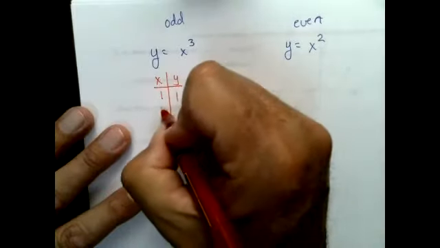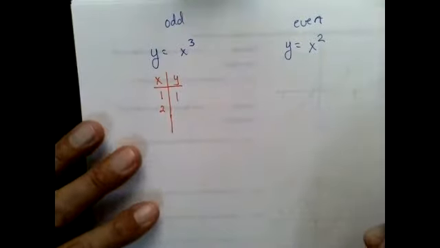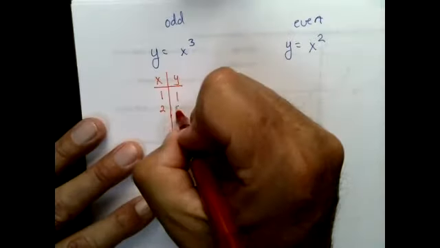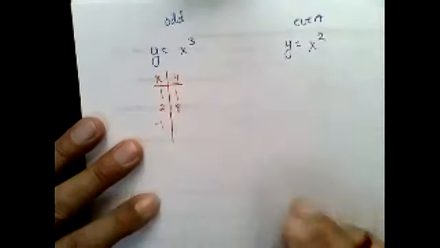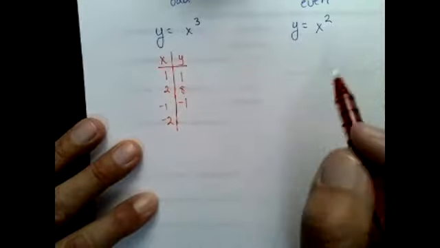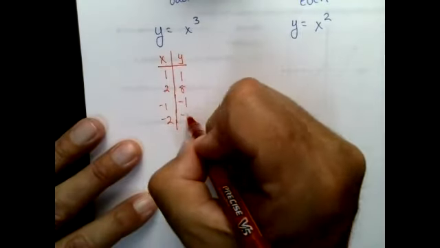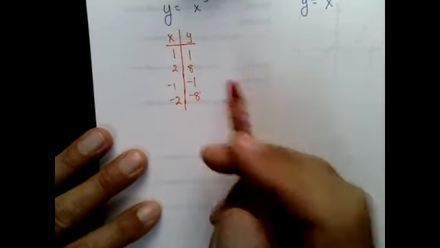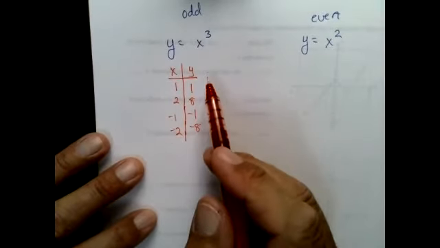I say 2, you say 8. I say -1, you say, that's still -1. I say -2, you say -8. Very good. So here's what's happening with an odd function.